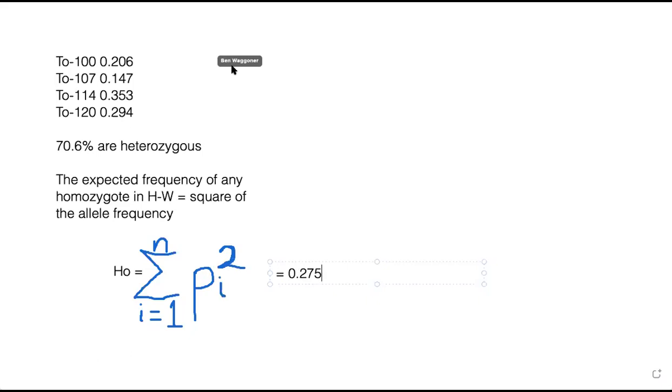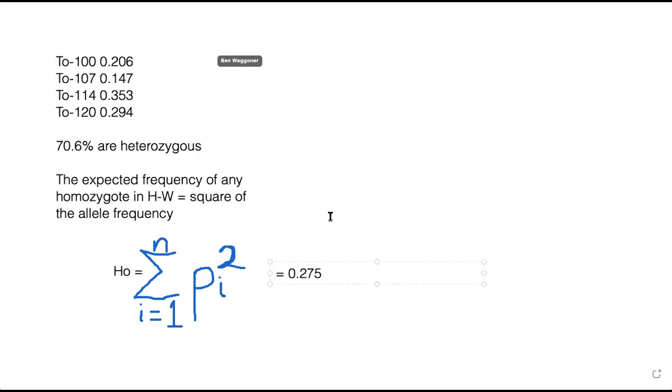You could calculate it as, if we let these four be P, Q, R, and S, 2PQ plus 2PR plus 2PS plus 2QR plus 2QS plus 2RS.